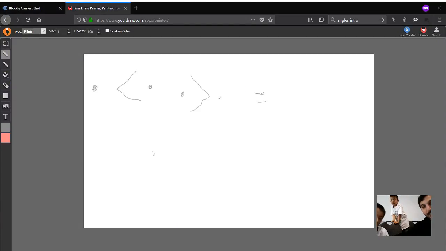So if we imagine a number line like this, where the middle is, let's say this is 0 and this is 100, okay? And then let's imagine another number line going this way. Let me just delete this stuff.